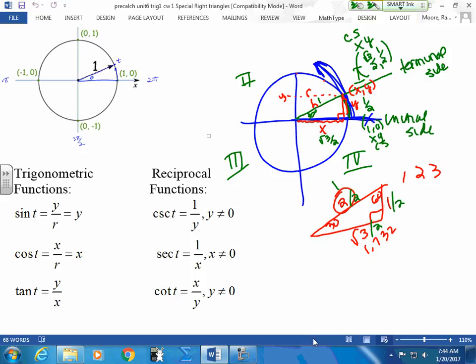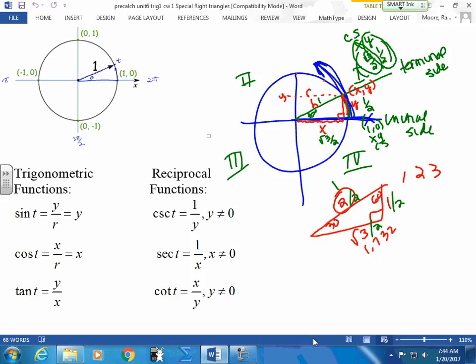So wouldn't the sine of 30 be the opposite over the hypotenuse? 1/2, right? Sine is my y value, cosine is my x value on a unit circle. That's good? That's cool?